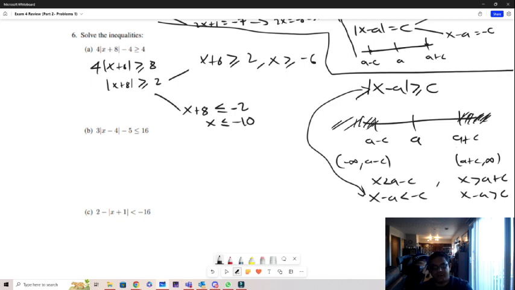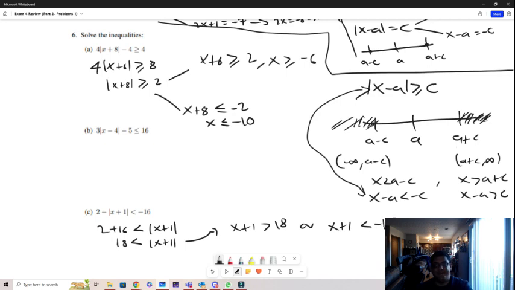All right, so now another one where we're going to have this same kind of rule is C. In C, when we're isolating the absolute value, it's more comfortable to move the absolute value to the other side. So we get 2 plus 16 is less than absolute value of x plus 1. So we get absolute value of x plus 1 bigger than 18. That means x plus 1 bigger than 18, or x plus 1 less than minus 18. Okay?